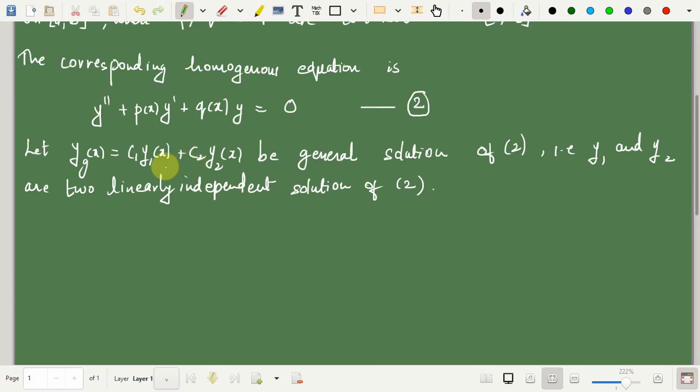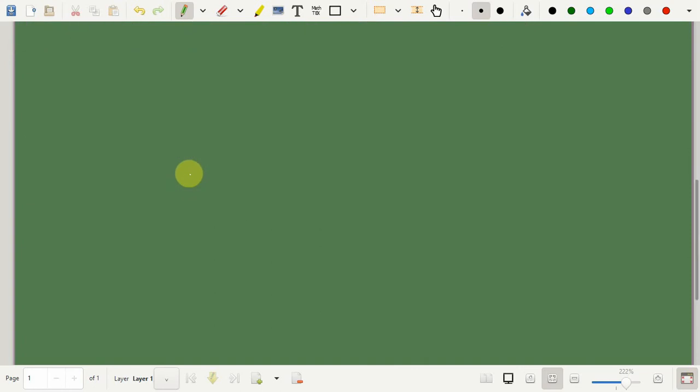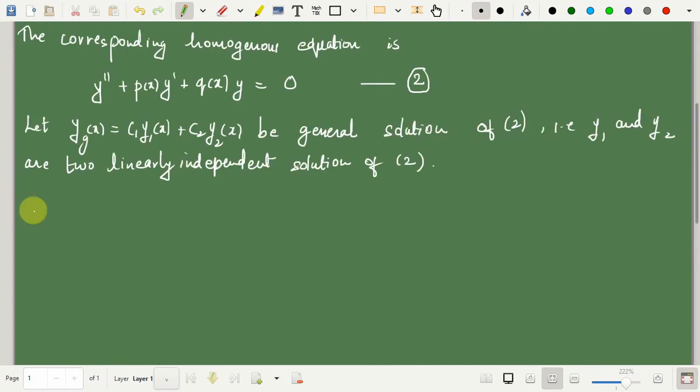So what we do is replace c1 and c2 with some new functions v1 and v2 which need to be determined. We assume that the particular solution is a linear combination of v1 and v2. Only thing, in place of c1 and c2 we have new functions which we need to determine, assuming that the given function is a solution to the differential equation. So that's how the method goes. Let's start over here.